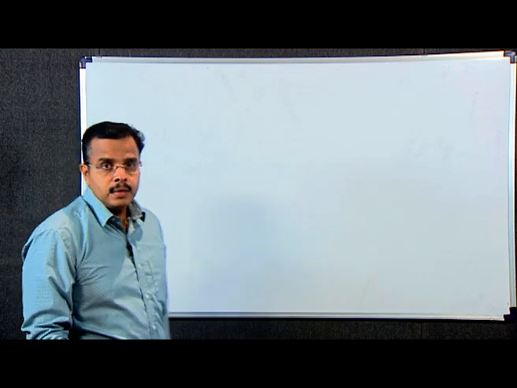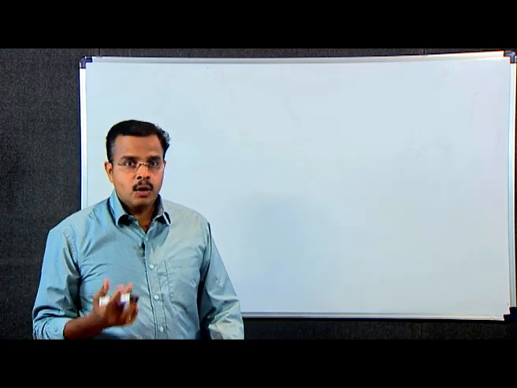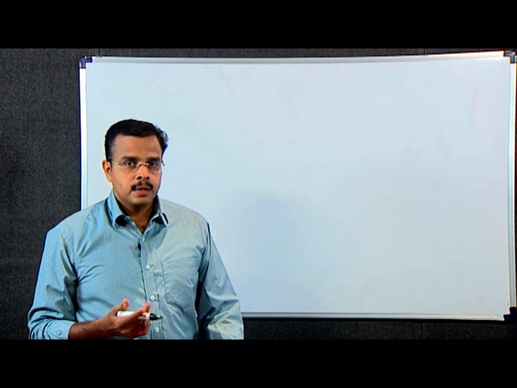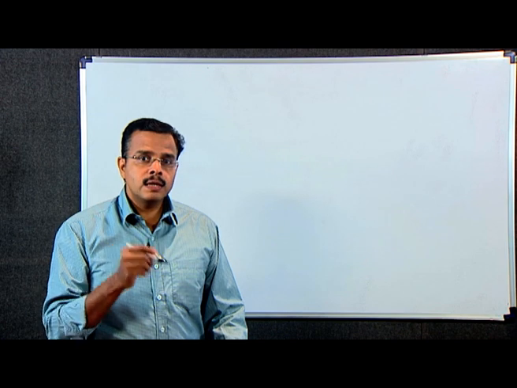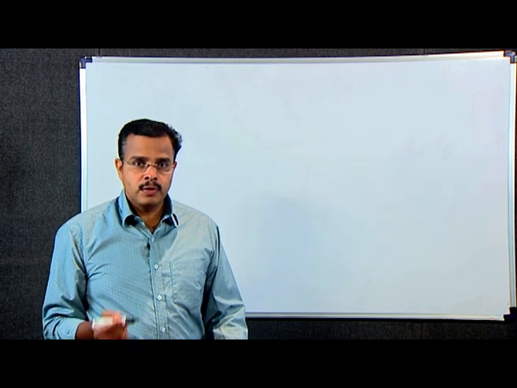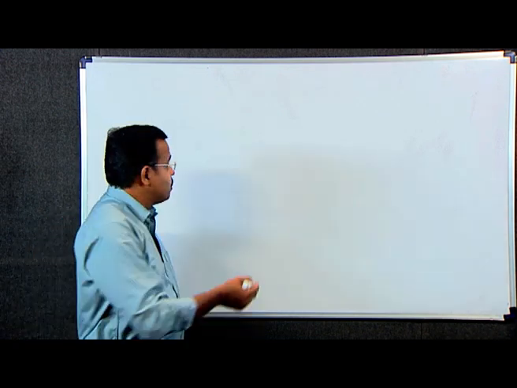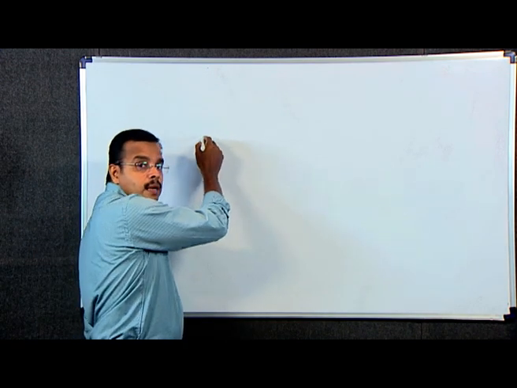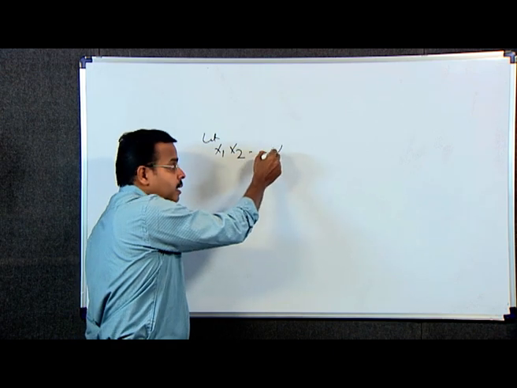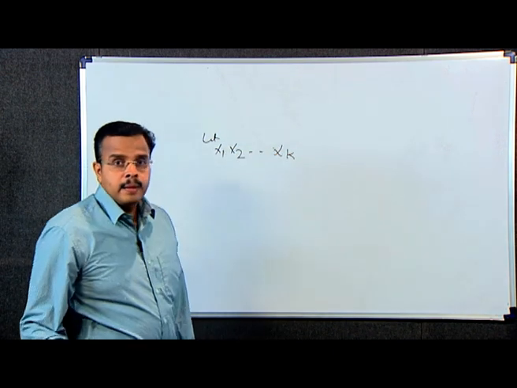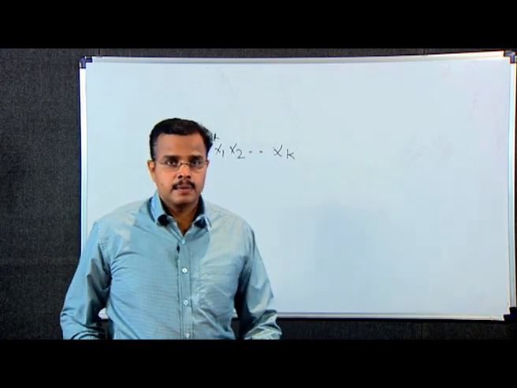In the next theorem, if f of x is minimum at more than one of the vertices of SF, then it is minimum at all those points which are the convex linear combinations of these vertices. That can be proved as follows. Let x1, x2, etc., xk be the vertices of SF where f of x is minimum.